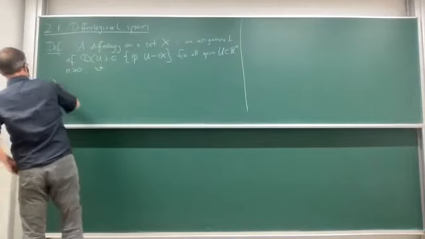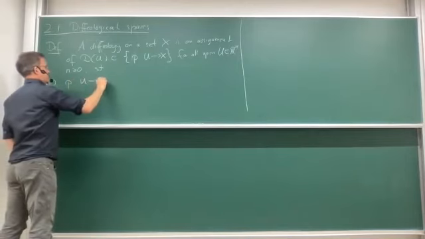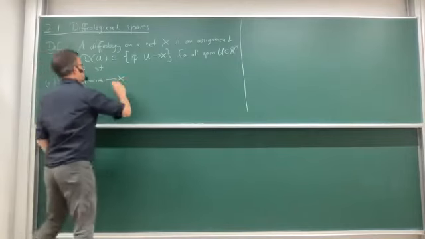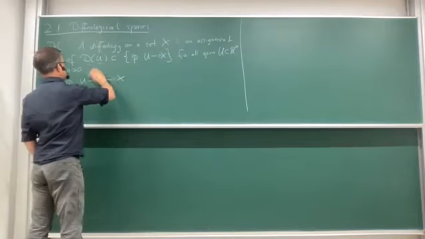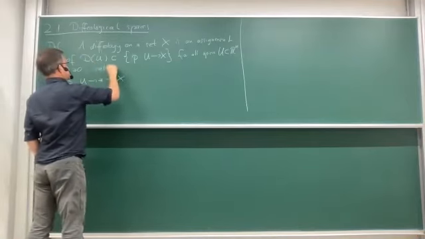So one: constant maps are plots. These maps in here are called plots.